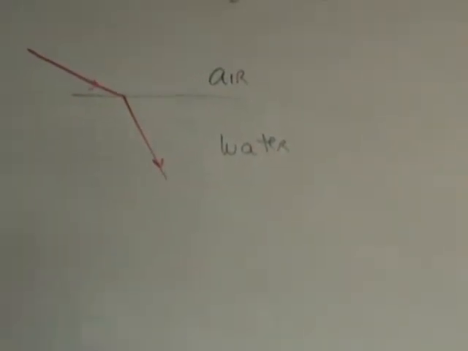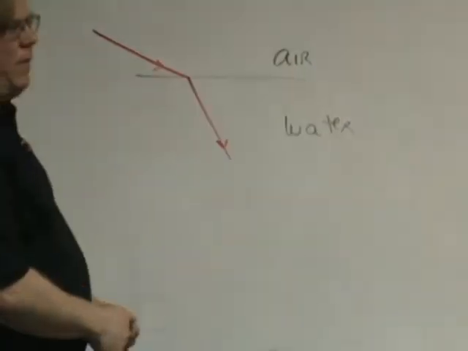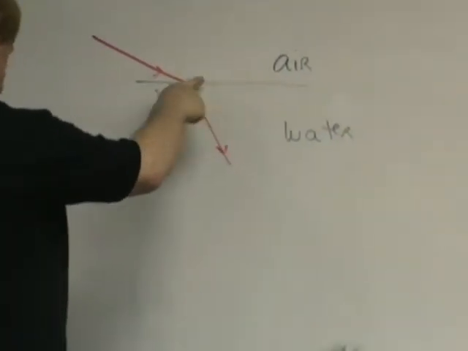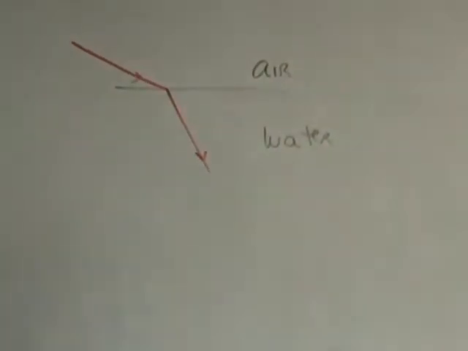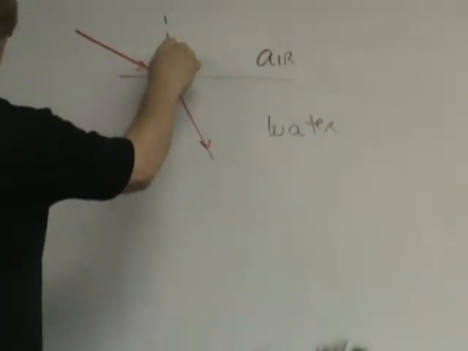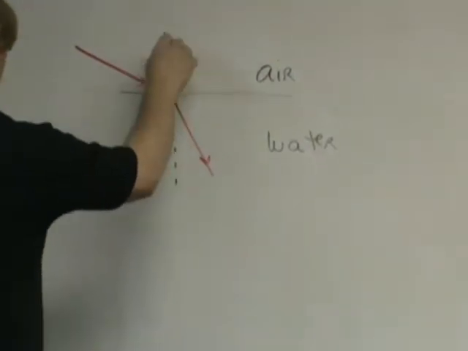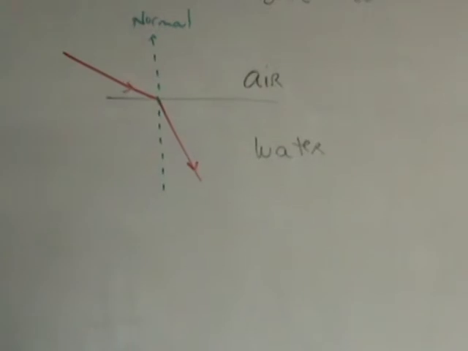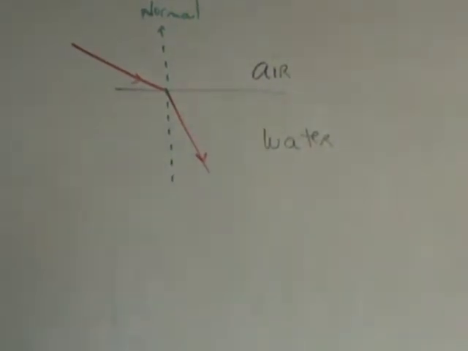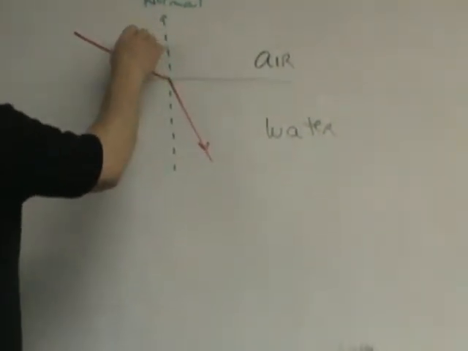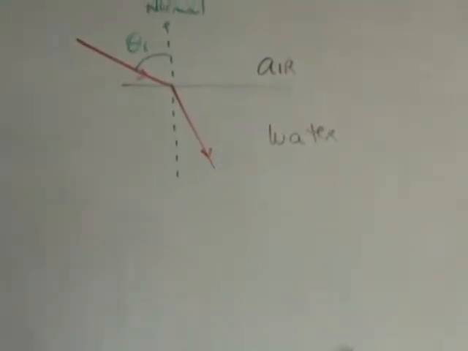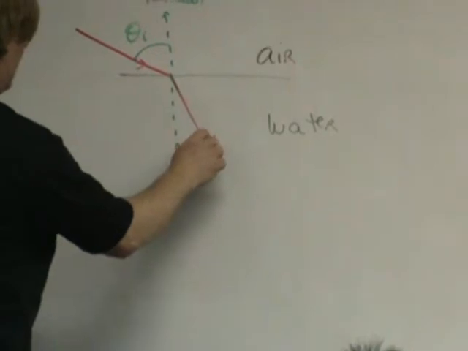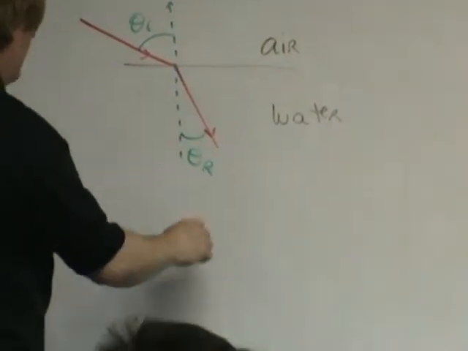And so we measure the angle of incidence and the angle of refraction, not relative to the surface of the water, no siree. We measure it relative to the normal line of the water. This is the normal line. This angle here would be the angle of incidence, just like it was with reflection. And this angle here would be the angle of refraction.